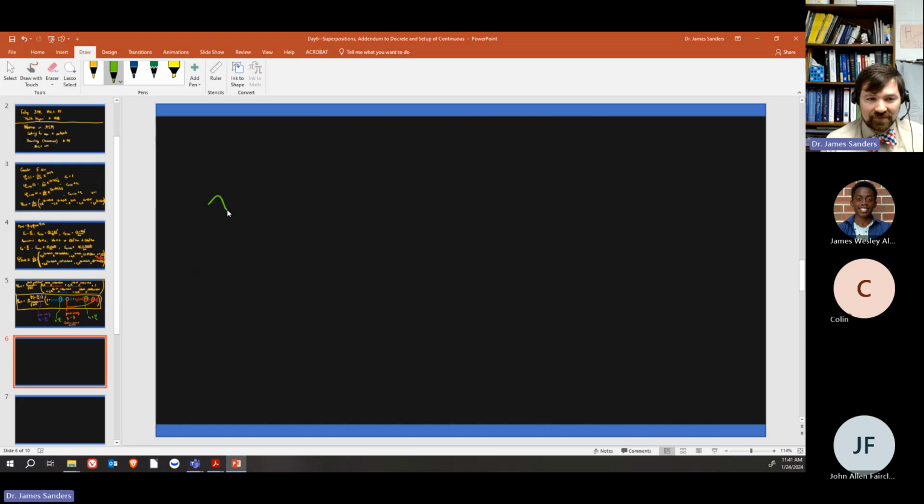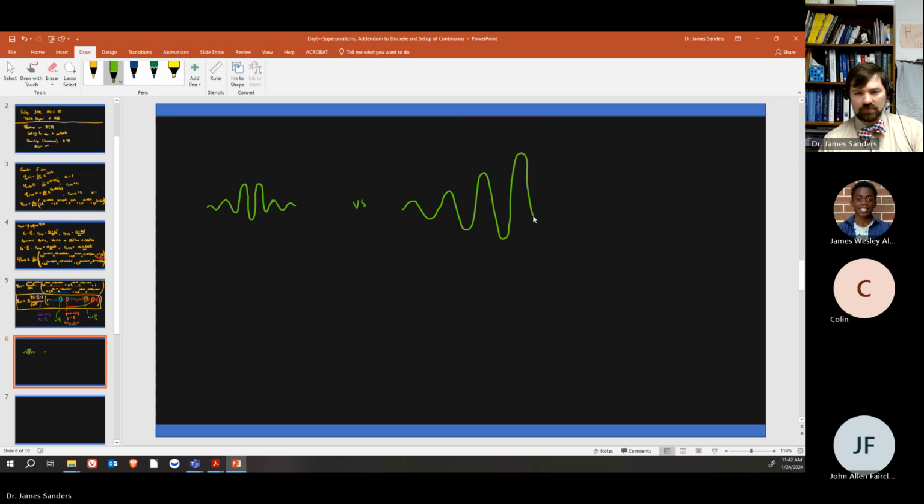So you might have one that's like this, versus, and then this pattern repeats.